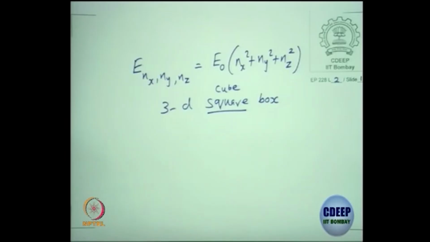3D box. Square box. Or I should technically call it a cube. Okay? Is that okay? So E of nx, ny, nz is nx squared plus ny squared plus nz squared for a 3D square box. You can again work out degeneracies here. And you can also write what is the wave function.